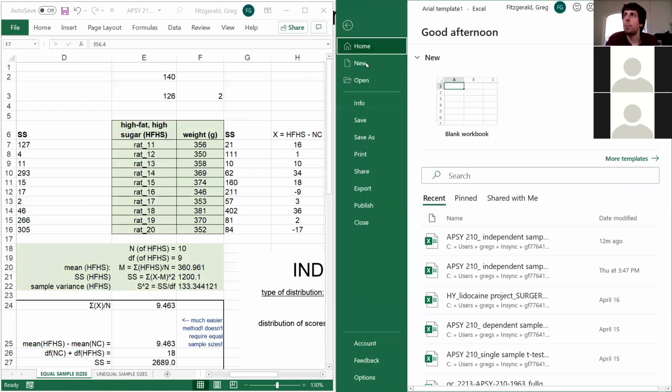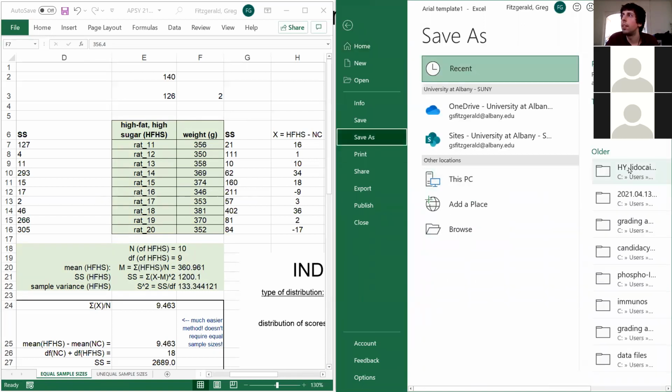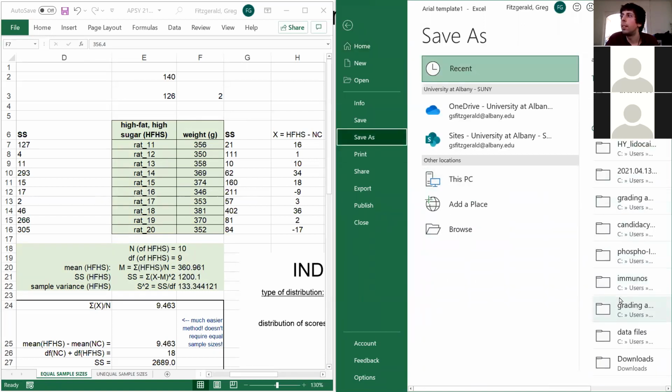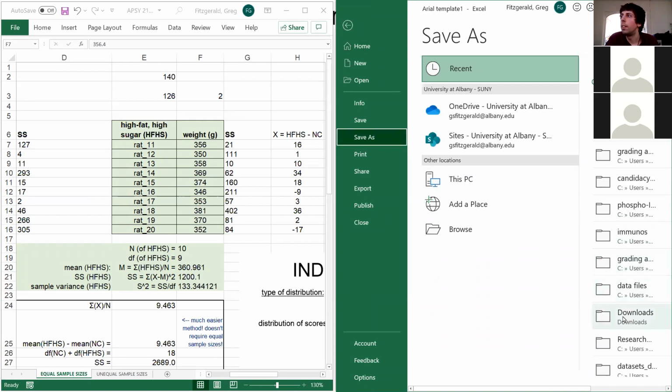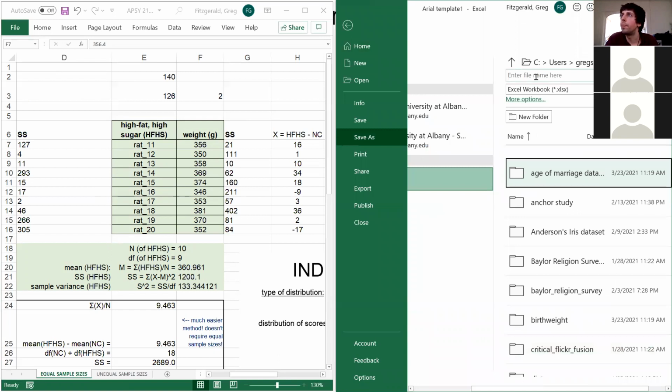The first thing I'm going to do is save as. Let's save this into data sets. I'll call this rat diet independent samples t-test.